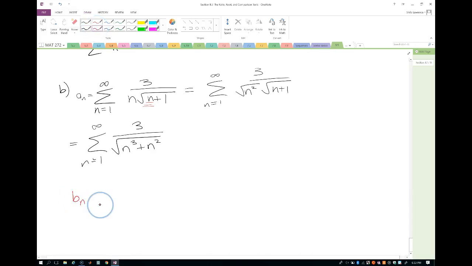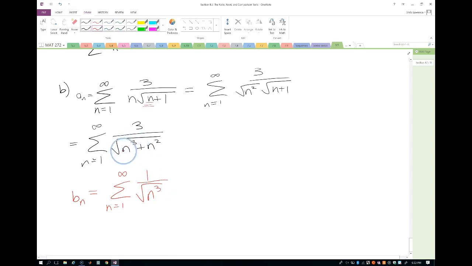Now, when I compare it to something, I want the limit to come out to be some finite number between 0 and infinity. So I'm going to compare it to the series of 1 over square root of n cubed. So I'm going to leave off the 3 and I'm going to leave off the n squared. And most likely these two series are going to do very similar things. They're going to have fairly similar values.